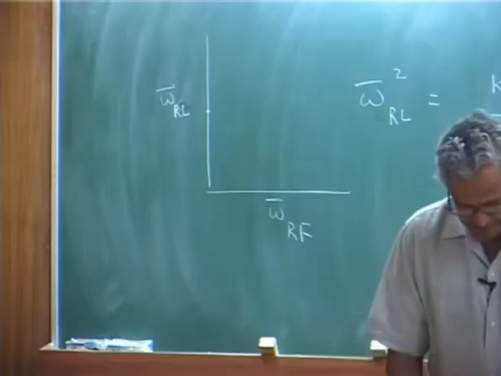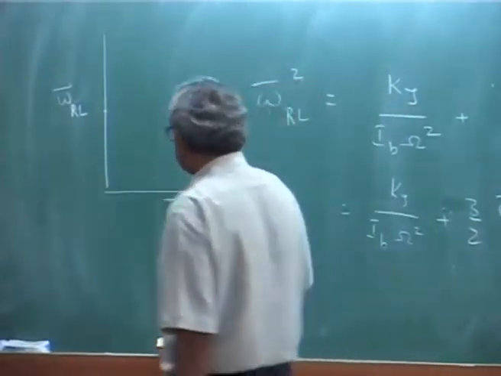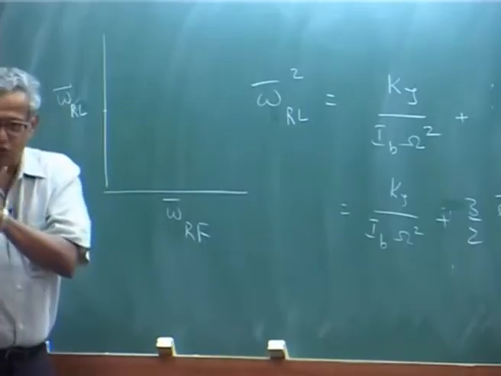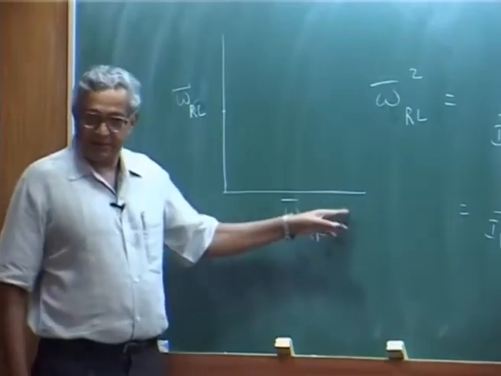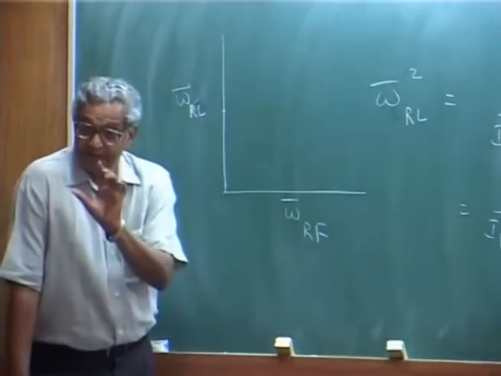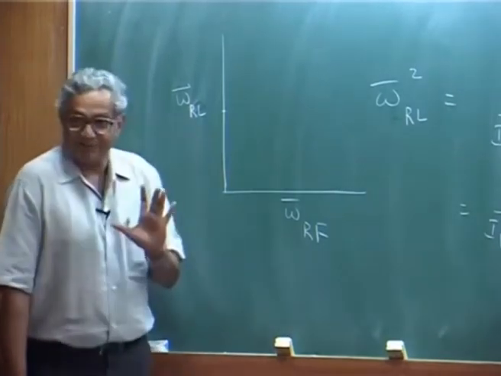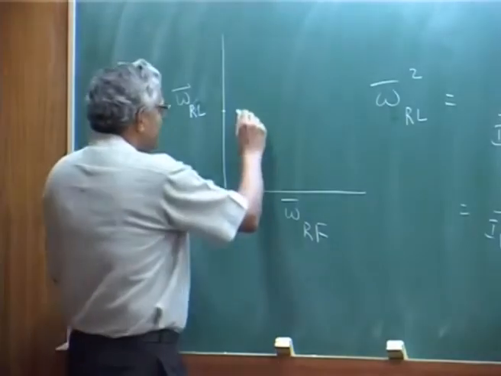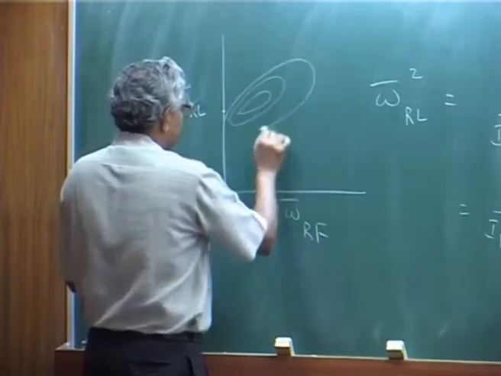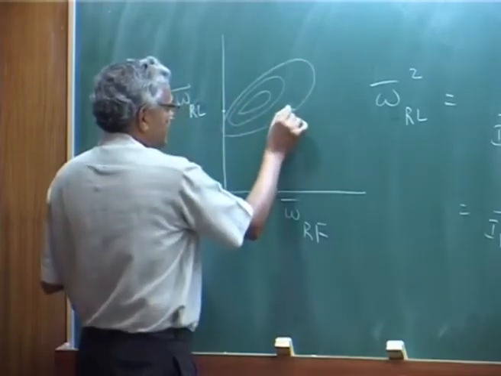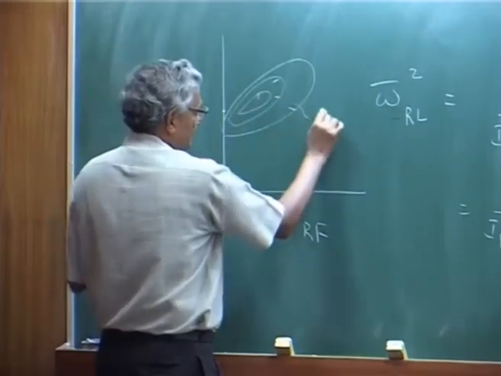Here the instability zone will be drawn as a very crude approximation. This is the rotating flap natural frequency, the rotating lag natural frequency, and there will be some kind of curves like this, each one corresponding to some collective pitch angle theta 0.